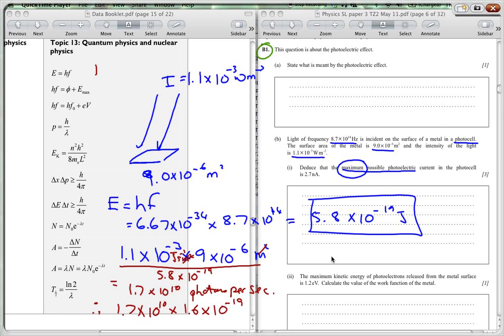Now remember that your current is equal to Q over t, the charge per time. When we do that, it works out to be about 2.7 nanoamps.